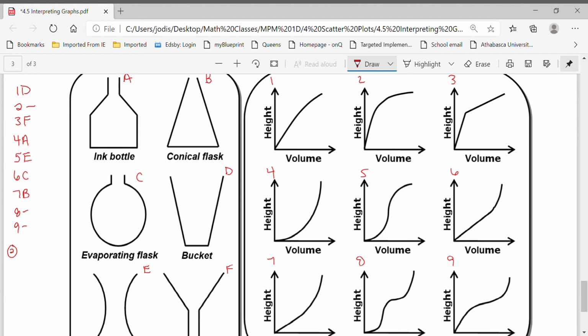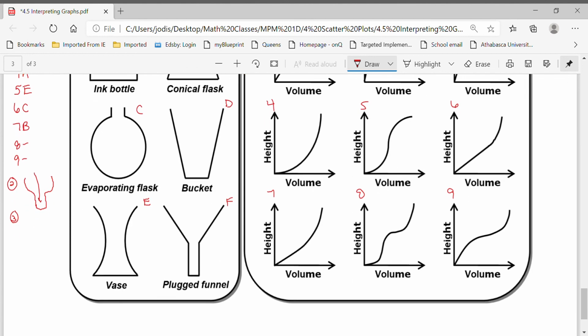So starts out fast, so that's pretty bad. Alright, so it would fill this part up down here fast, and then the top it would take longer to fill up, so that's why we have that fast to slow.